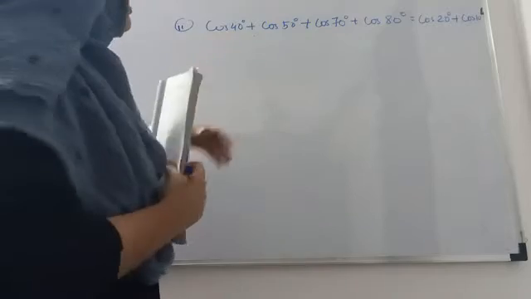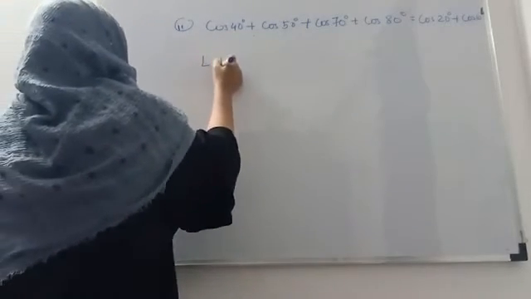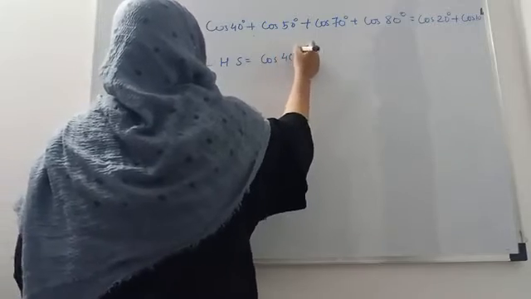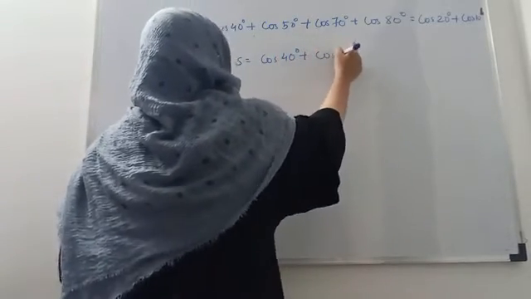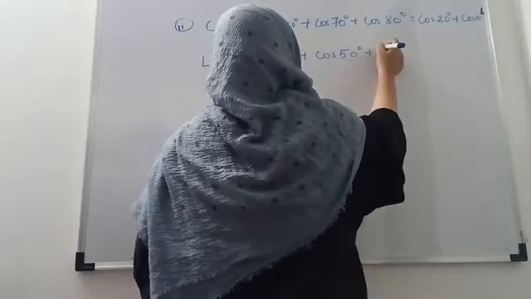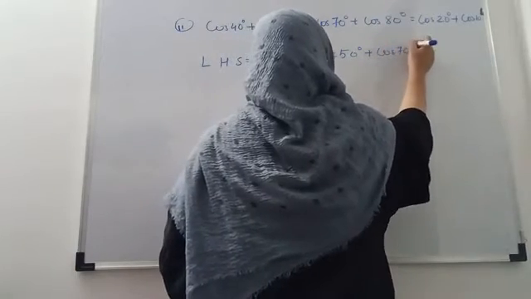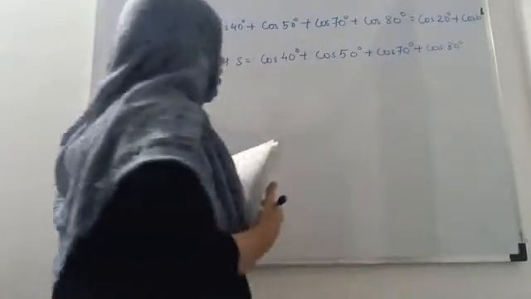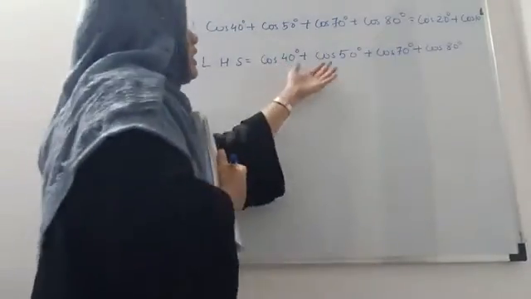Let's start with the LHS: cos 40 plus cos 50 plus cos 70 plus cos 80. Now we will club cos A, cos B pairs.